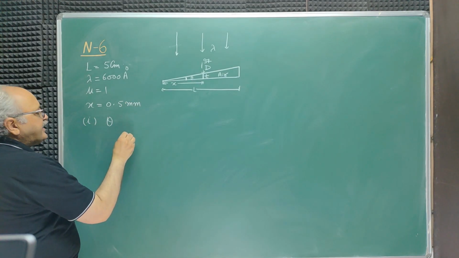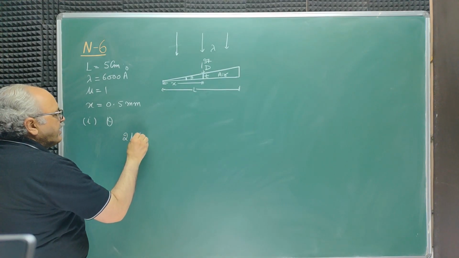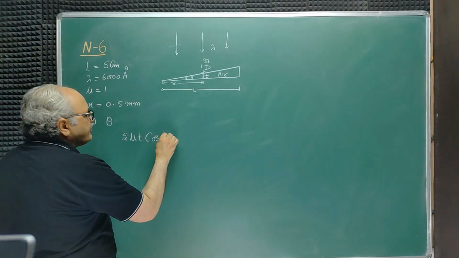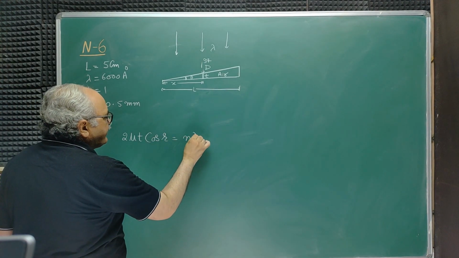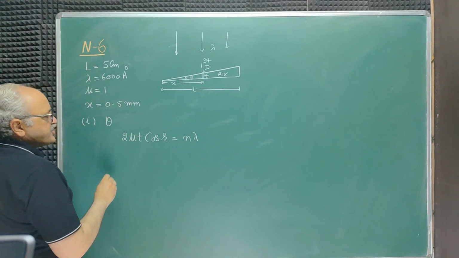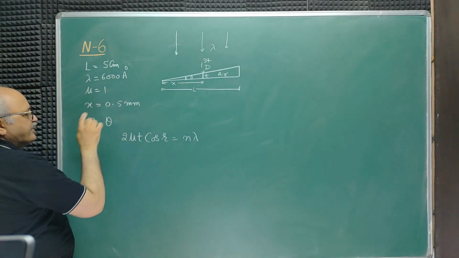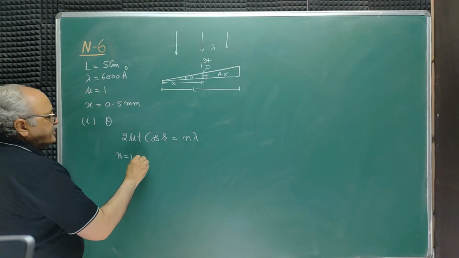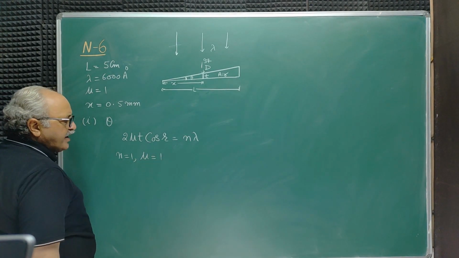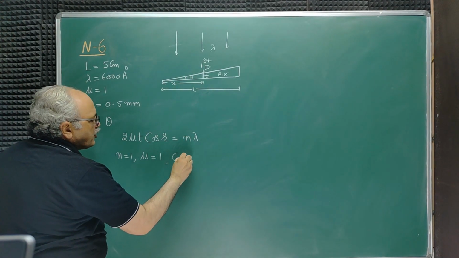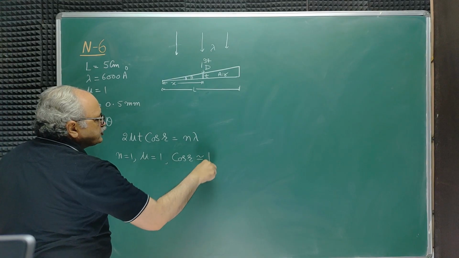Now, as we know, the condition for the minima for a wedge-shaped film is 2 mu t cos r equals n lambda. Since the first dark fringe comes at the distance as given, we take n equals 1. The refractive index of air is nearly 1, and since the light is coming normal, cos r is also close to 1.